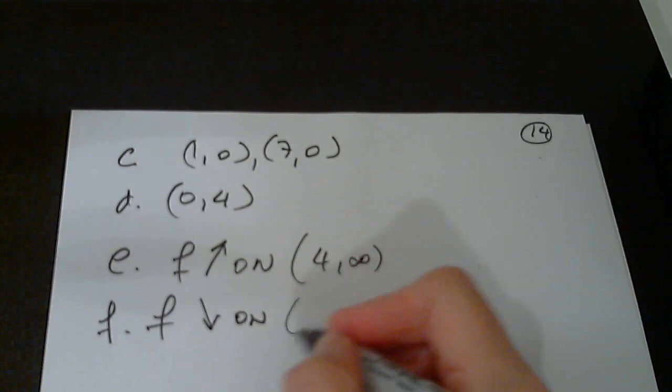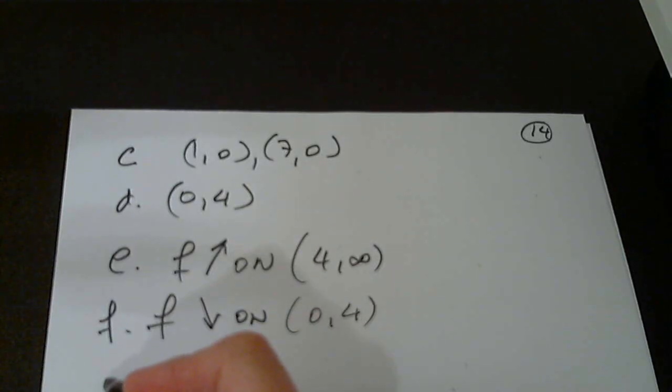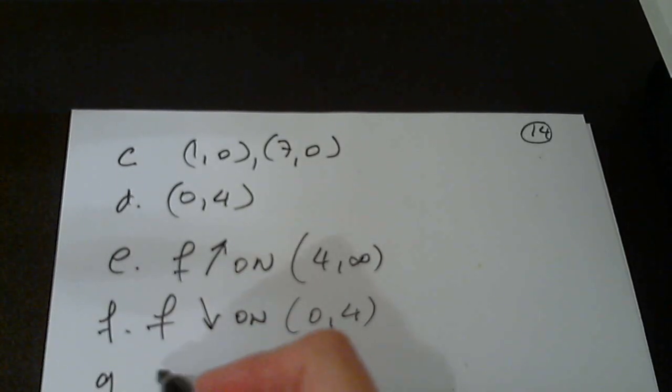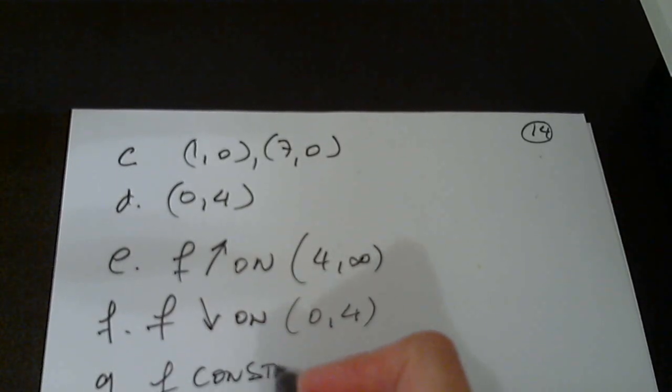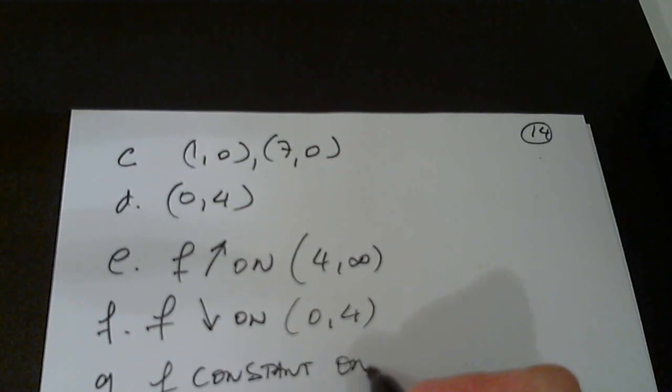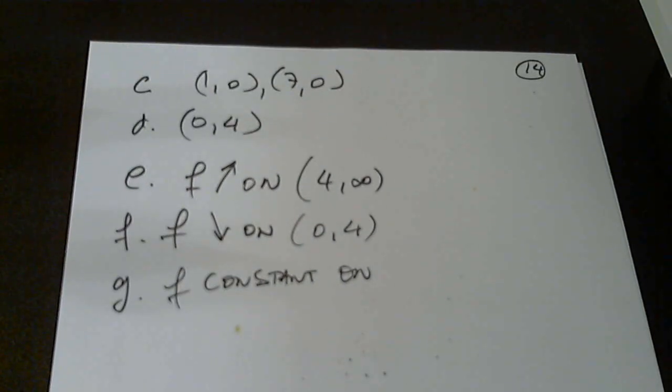Excellent, 0 to 4, very good. F constant on... we are looking at x values for which the function is constant.